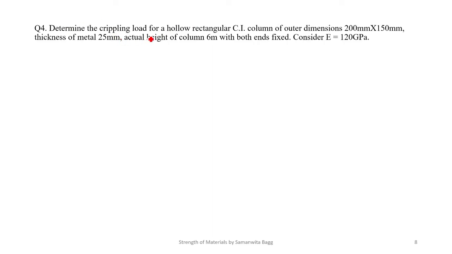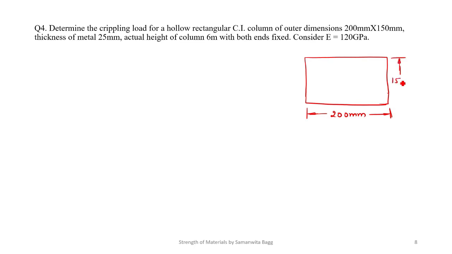Determine the crippling load for a hollow rectangular cast iron column of outer dimensions 200 mm by 150 mm. So this is my column and this is the cross section. The outer dimension is given as 200 mm and this is 150 mm. Thickness of metal is 25 mm.